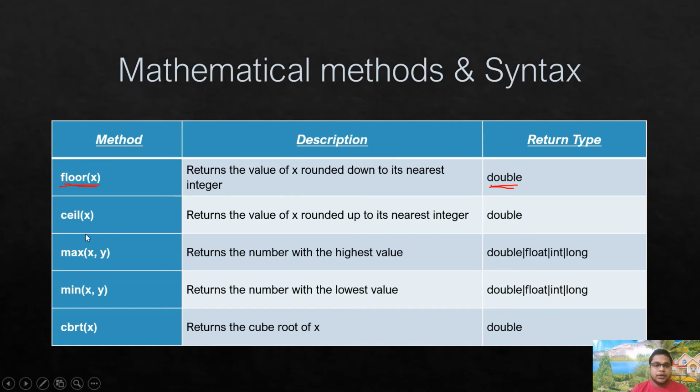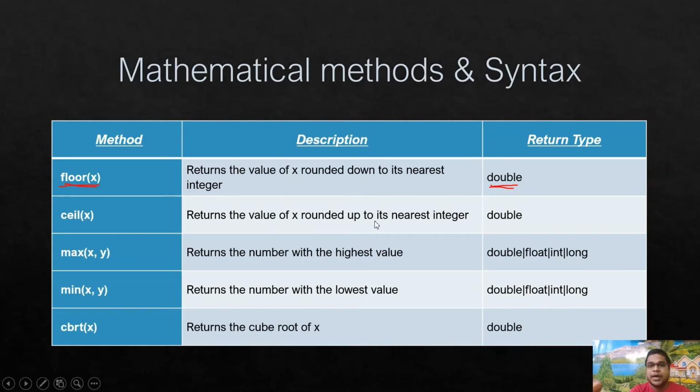In that way we can check the ceil method. What is the ceil method? It returns the value of x rounded up to its nearest integer. It works like the floor method, just the difference is that floor rounds down, but the ceil method rounds up.